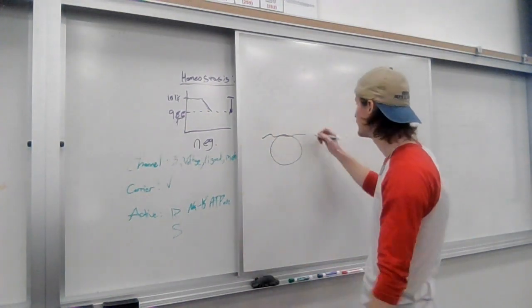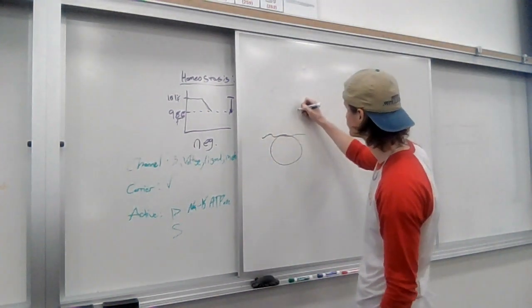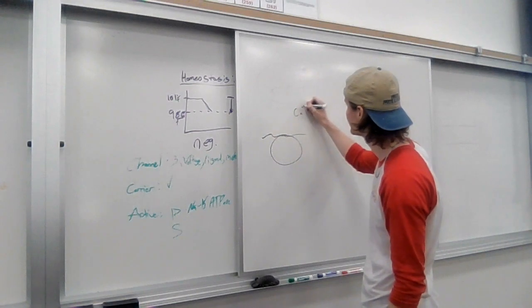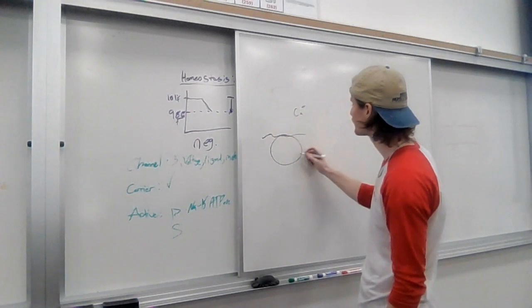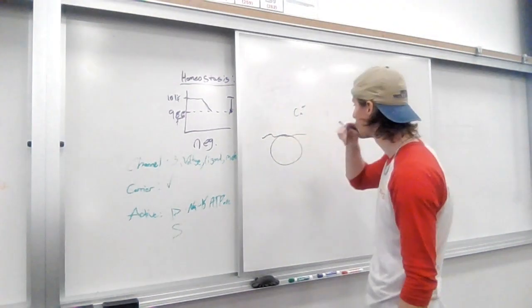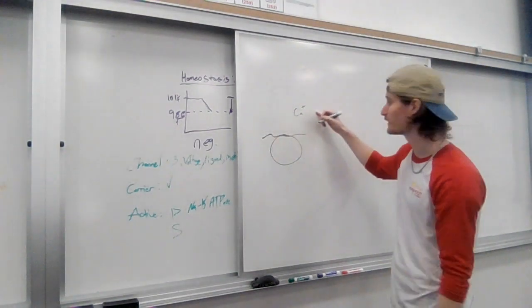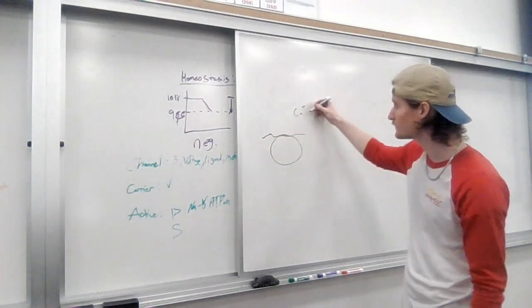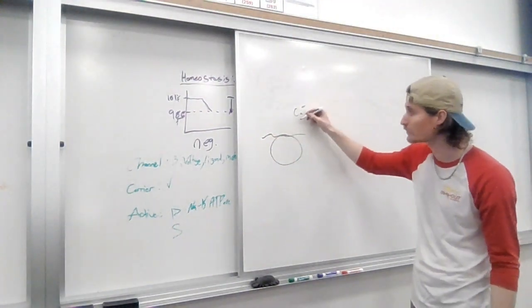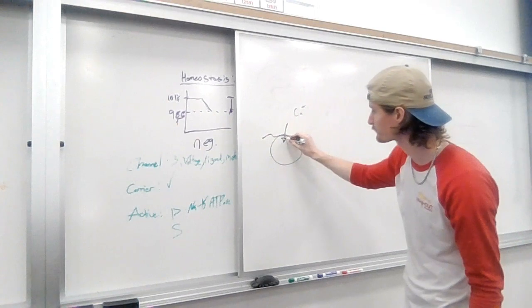Let's use, I don't know, calcium. Does that work? Because there's not a whole lot of calcium in the cell, so yeah. So there's a lot more concentration of calcium outside of the cell than there is inside. So due to the concentration gradient, calcium is going to want to come into the cell.